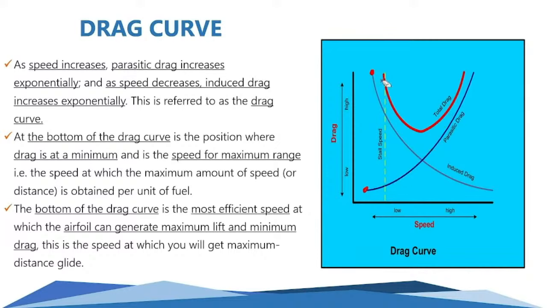This takes into account the total drag of parasitic drag and induced drag. Manufacturers and engineers always have these little drag charts, or drag curves, and the very bottom of this drag curve is what is known as the most efficient speed.